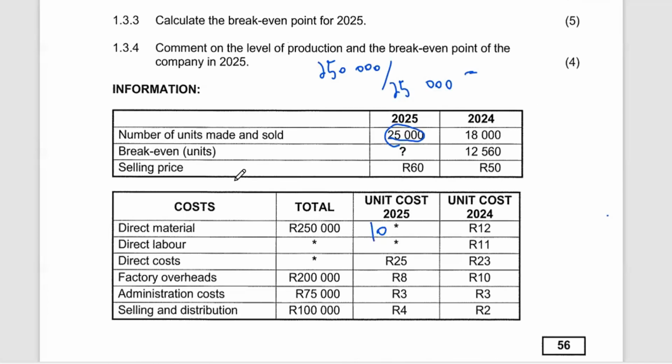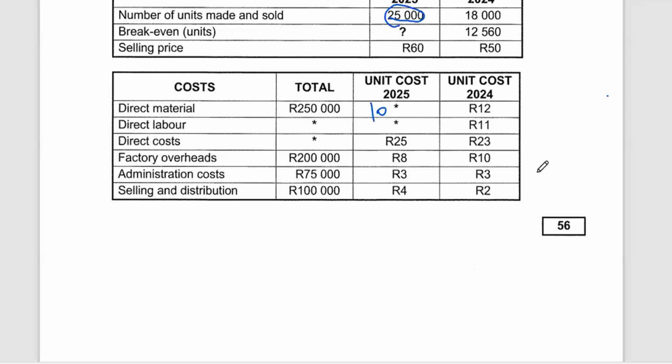Then now let's move to our direct labor cost. So we are given the unit cost of 25 rand. So we're going to say 25 rand multiplied by the number of units that you have produced, which is 25,000 units. Then we get our direct cost of 625,000.